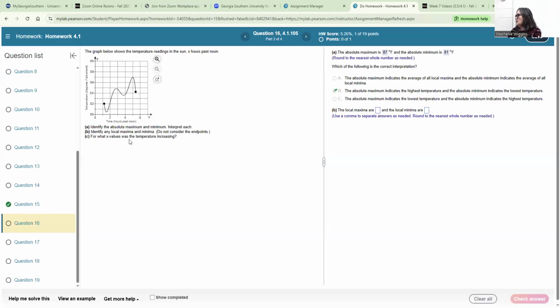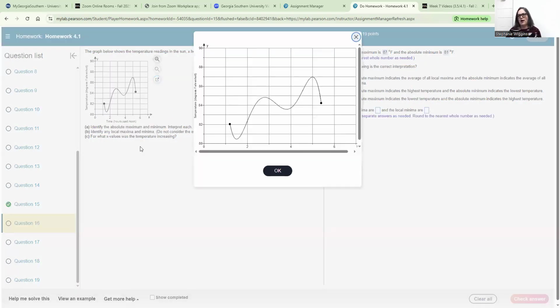All right, and then it says to identify the local maximum and local minimum. Now notice it's saying maxima, that's the plural, and minima, where we actually have, if you look at our graph, more than one local maximum or minimum, and that's because the absolute maximum and minimum are also local maximum or minimum. So we're going to include those in our answer. So here we already determined that was 81 and that this was 87 for the absolute min and max, but those are also local.